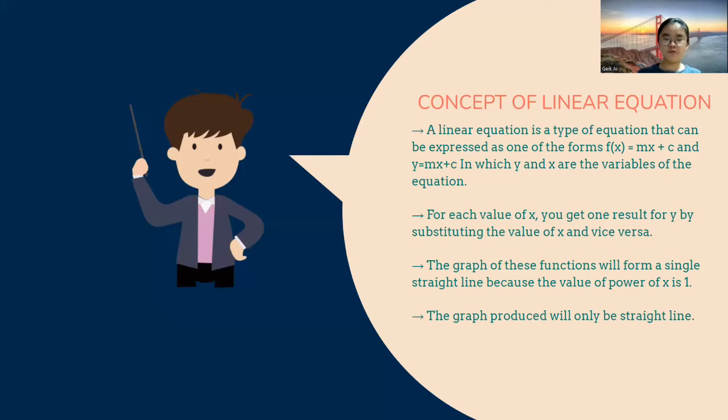For each value of x, you can get one result of y by substituting the value of x into the equation. You can also obtain the value of x by substituting the value of y. The graph of this function will only form a single straight line.